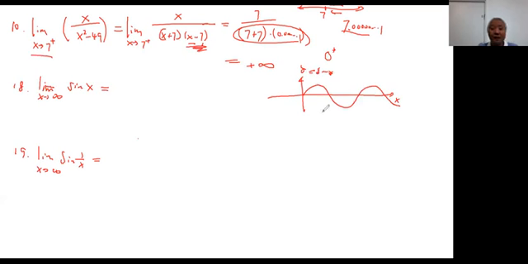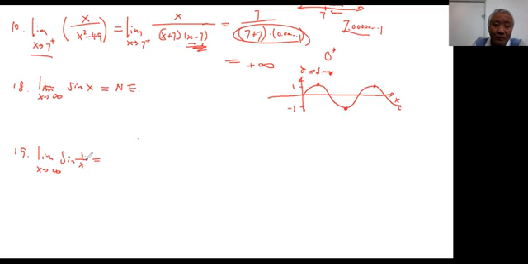Here, when x approaches infinity, this function will be either 1 somewhere, or -1 somewhere, and 1 again, -1 here, or in between. It keeps shaking. What does that mean, Zoe? Does not exist. That's good. Does not exist.